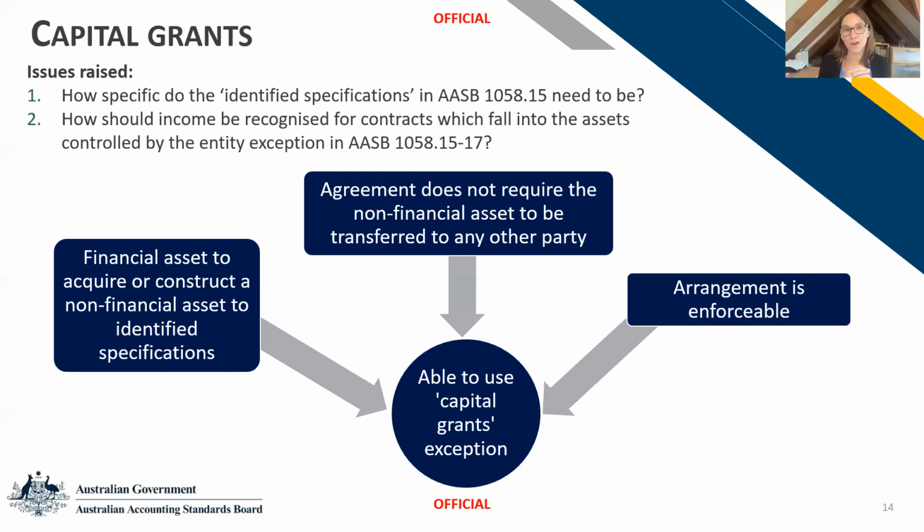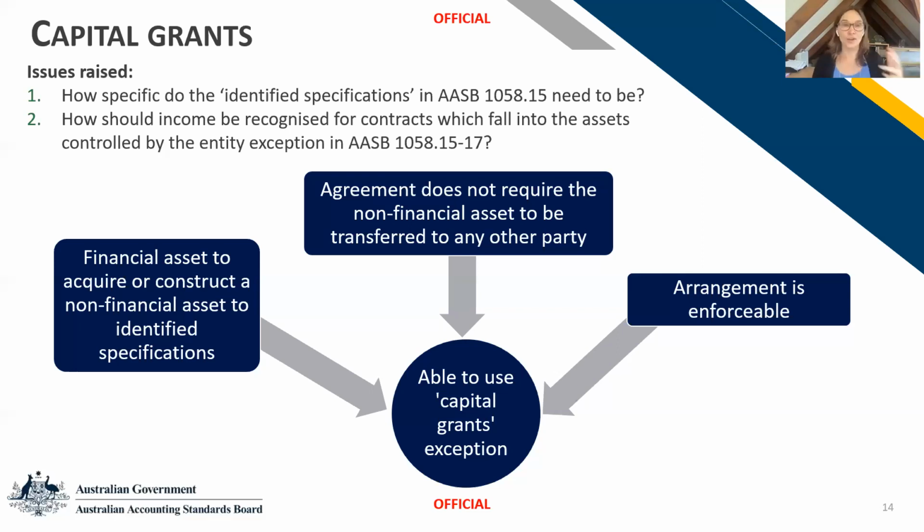So the question that we were asked was, what does that mean? How specific does an identified specification need to be? Now, we considered that as staff. We took this to the board, and it was decided that that clarification and a real detail on what identified specifications mean was probably bigger than the scope of this short-term narrow scope project.